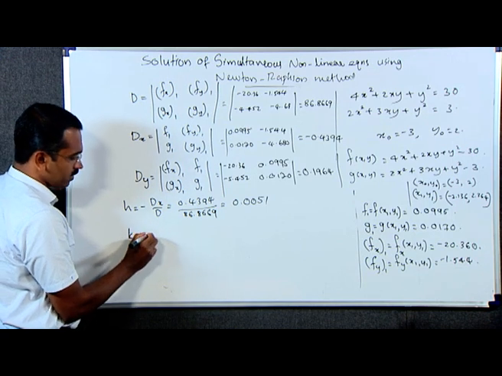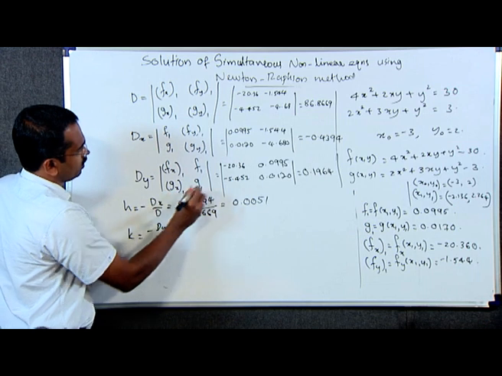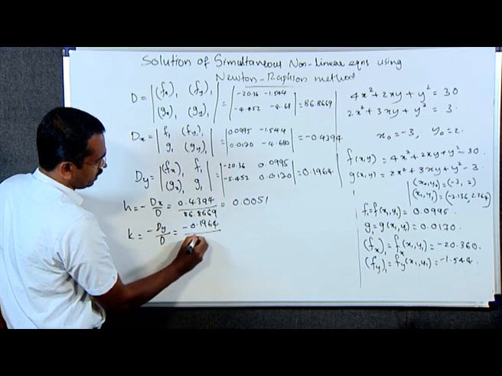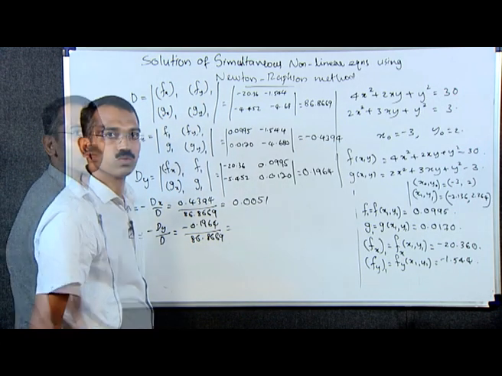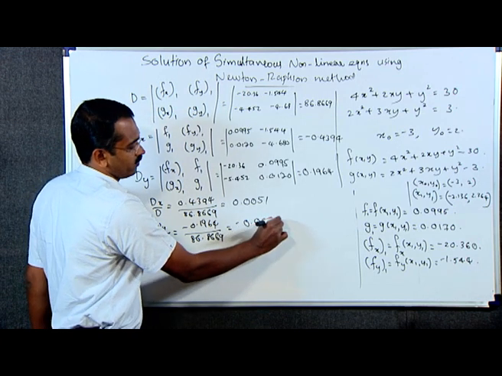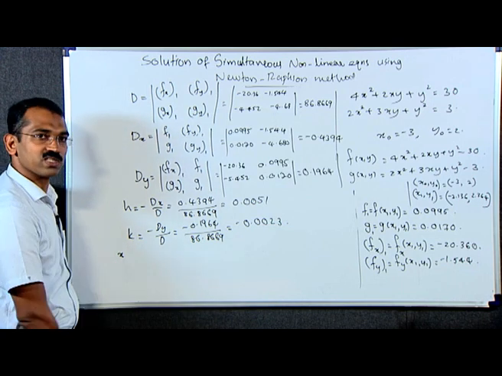And k is minus dy divided by d, that is minus 0.1964 divided by 86.8669, which is equal to minus 0.0023.